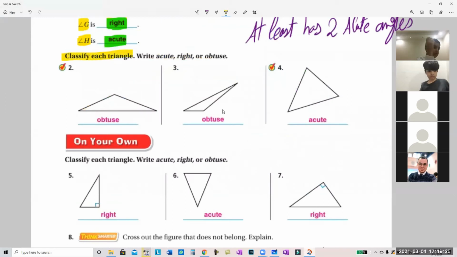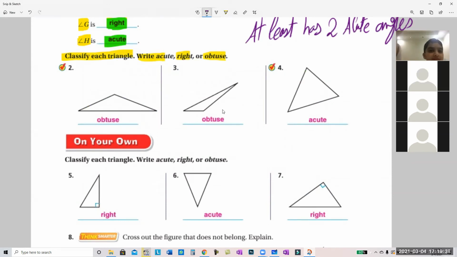Classify each triangle: acute, right, or obtuse. Okay, so I ask someone to help here. Muhammad Hussein al-Dajani, can you help? Let me ask you, what about this angle? Is it acute, obtuse, or right? Obtuse. I'm asking about this angle, man.